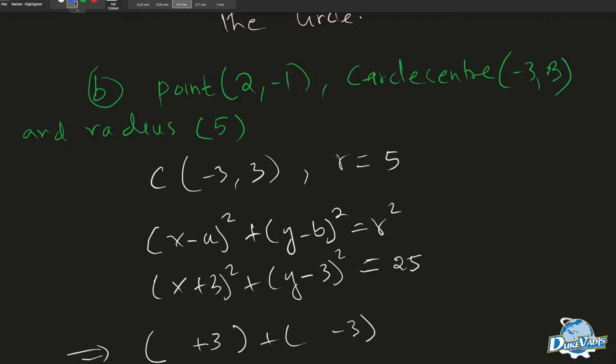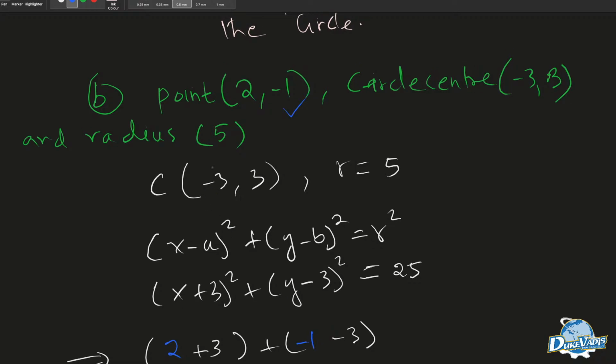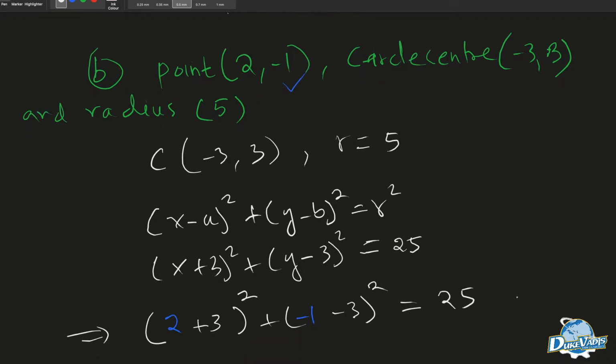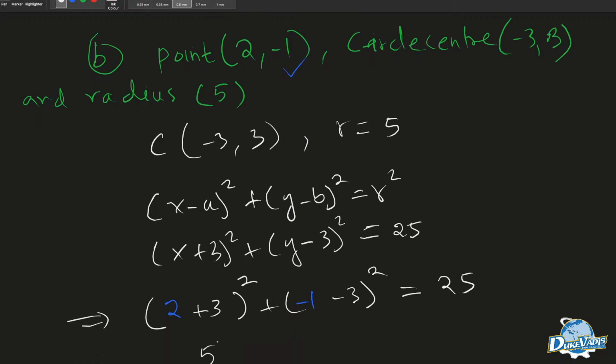The point that has been given is 2 and minus 1. Don't forget to bring our squares. So this will be 5 squared, and this will be minus 4 squared, and that is 25 over here.